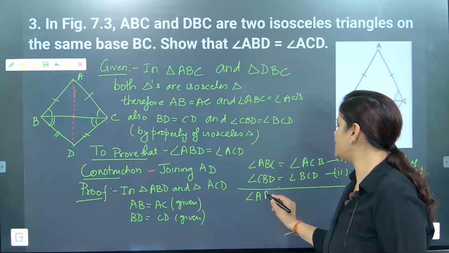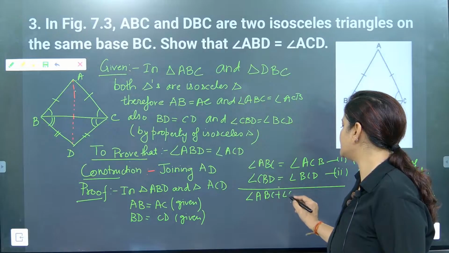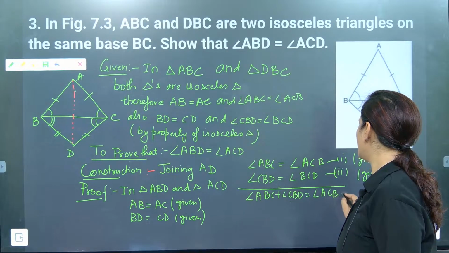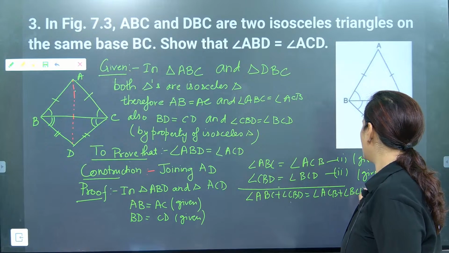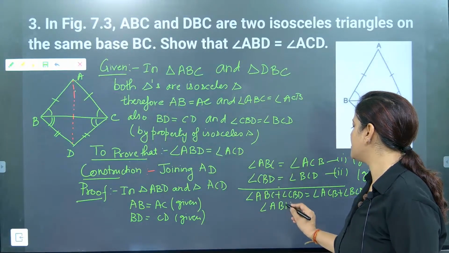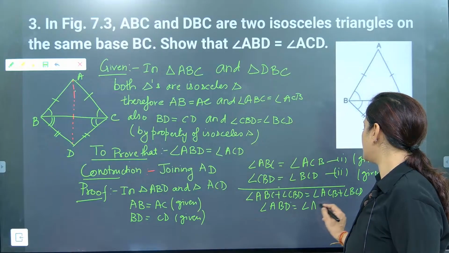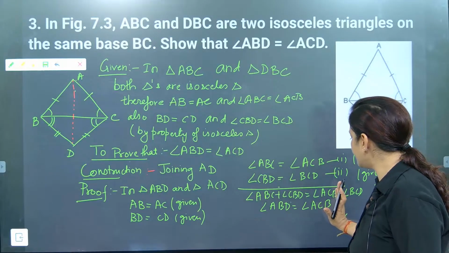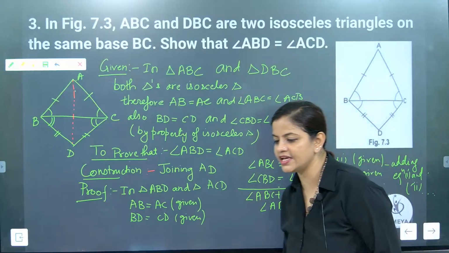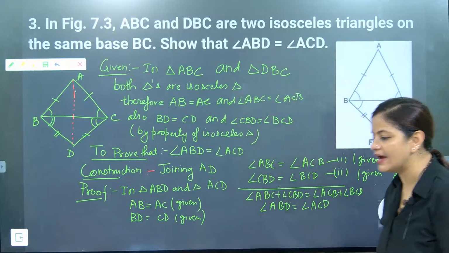Angle ABC plus angle CBD equal to angle ACB plus angle BCD. When we add, it will come angle ABD is equal to angle ACD. Correct, na beta? Those two angles adding, it is coming as angle ACD.